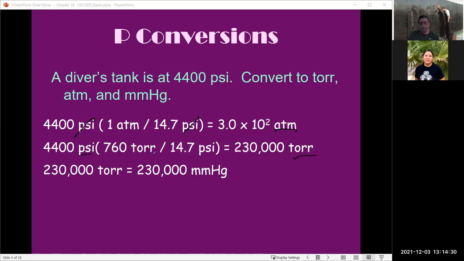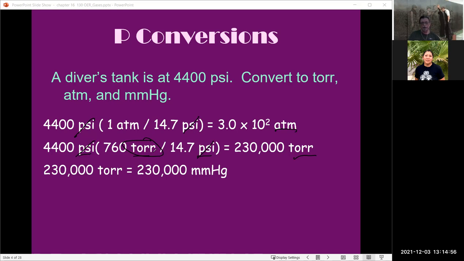All right. Well, we've got that conversion factor that 760 torr is equal to 14.7 PSI. And we put the PSI in the denominator because we want that unit to cancel, giving us the units of torr. So 4,400 PSI is equal to 230,000 torr.